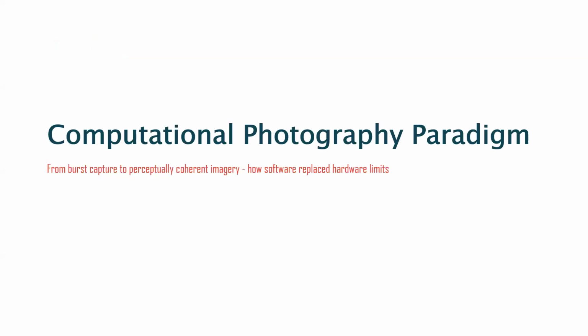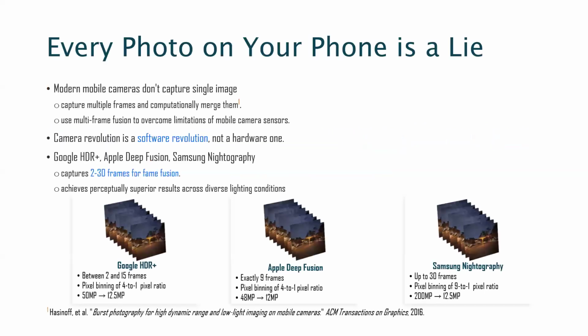Talking about the computational photography paradigm, from burst capture to the perceptually coherent photograph that we have. All the photos that we capture nowadays on our mobile phones do not consist of just one frame. Be it Samsung, Apple, or Google Pixel, they capture a burst of multiple frames and then computationally merge them to generate one composite coherent picture.